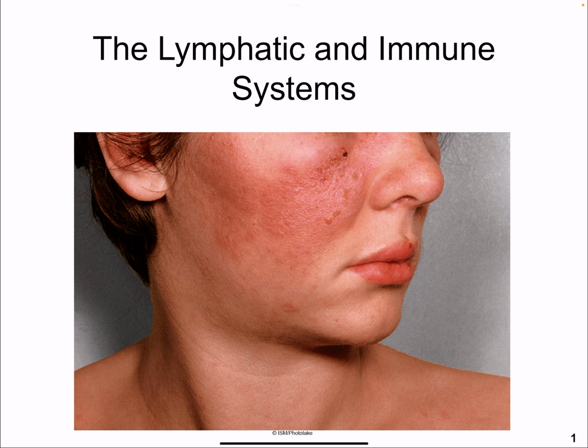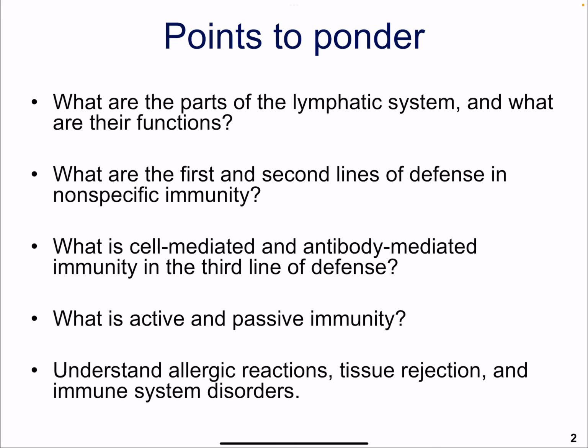Now, as we look at the lymphatic and the immune system, I want you to consider a number of things. One, what are the different parts of the lymphatic system and what are the functions of the lymphatic system and the immune system?